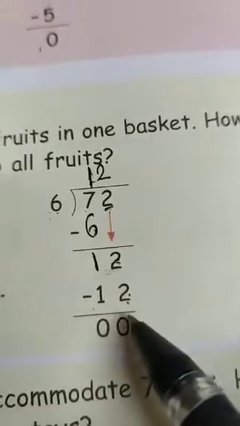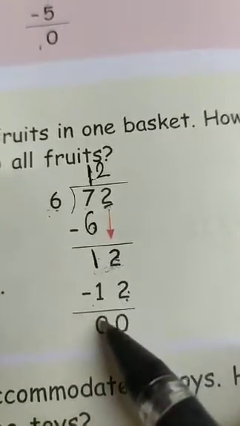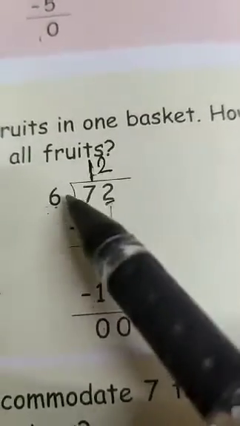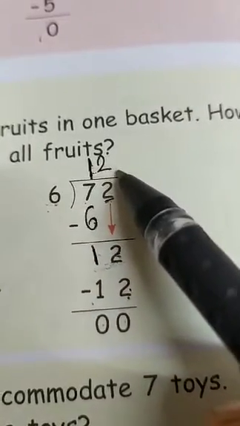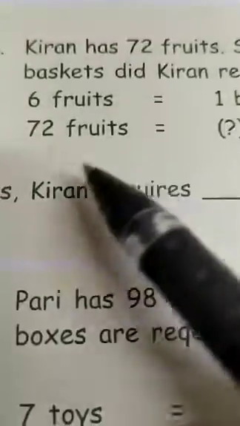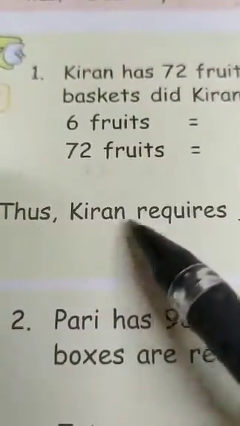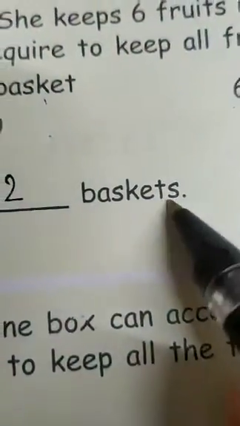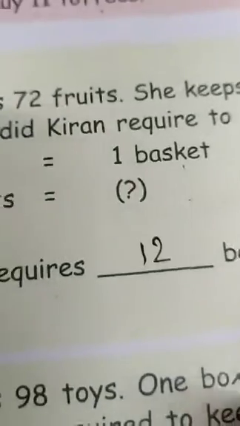Now 2 minus 2, 0. 1 minus 1, 0. So how many baskets did Kiran require? 12 baskets. So that is the final answer. How to write the final answer? Thus Kiran requires 12 baskets. Yes. So here we completed the first problem.